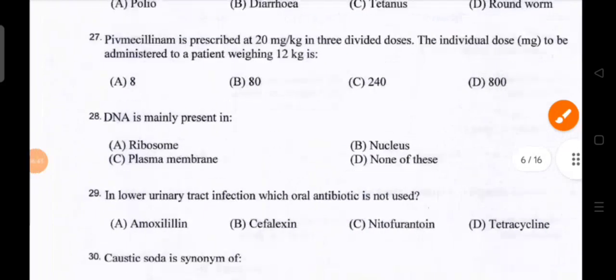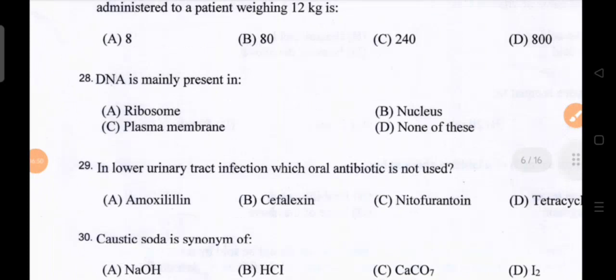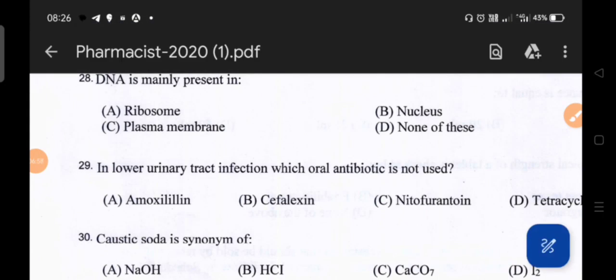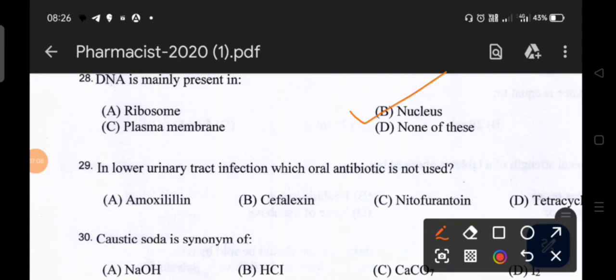Next is question number 28. DNA is mainly present in which of the following? Options are ribosome, nucleus, plasma membrane and none of these. So the correct answer will be nucleus.